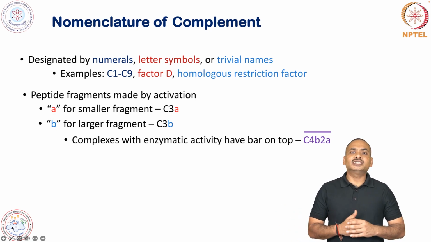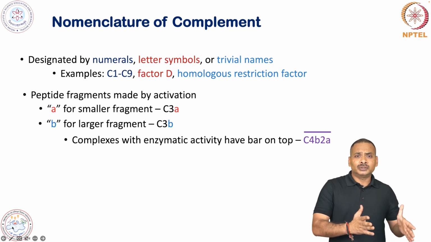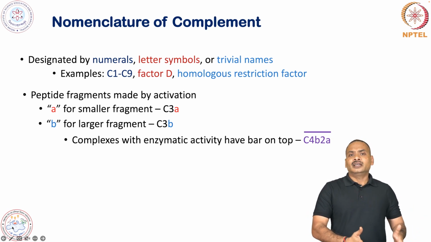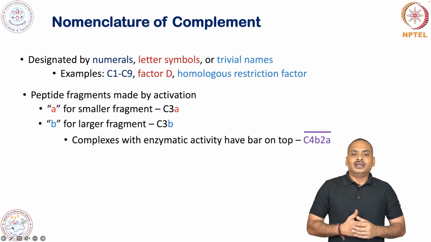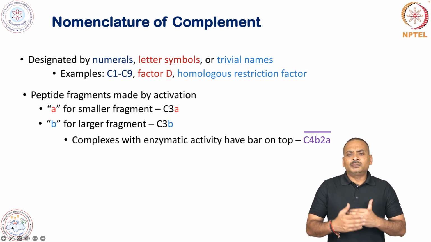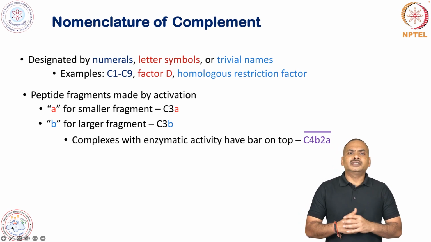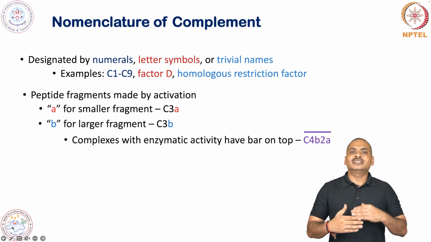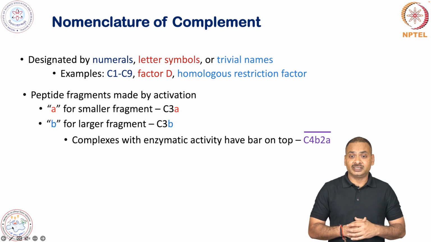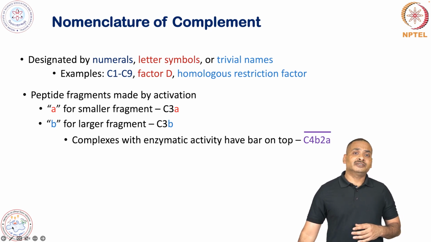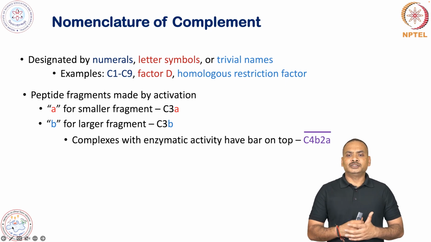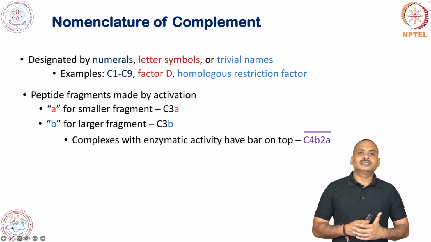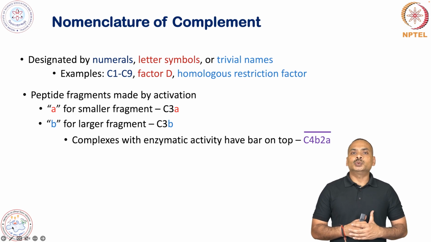For example, if C3 is cleaved, then it will make a smaller component, that is C3a, and the larger component C3b. Okay, and these complements, upon cleavage and binding with other complements, gain enzymatic activity, and this enzymatic activity we denote by a bar. As you can see here, there is C4b2a.